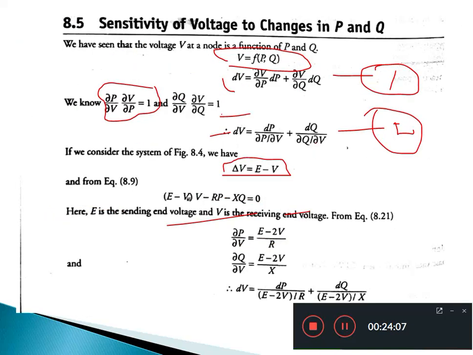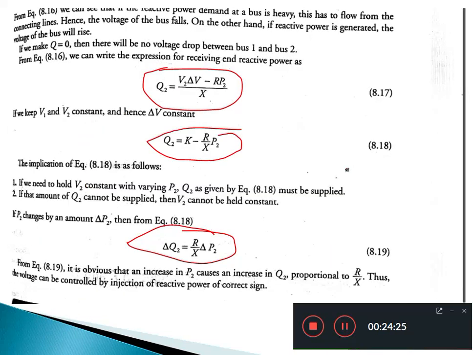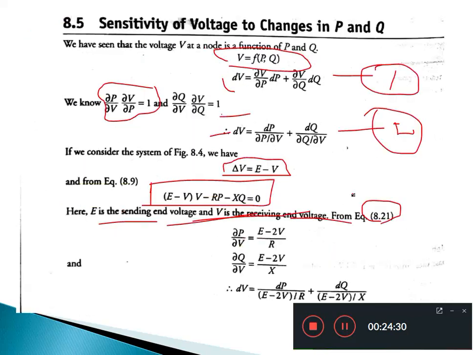Using that equation, you have to write this equation. Here E is the sending end voltage and V is the receiving end voltage. From equation 8.21, that is the change in real power and change in reactive power, you can use this equation. It is 8.21, and this is 8.19.